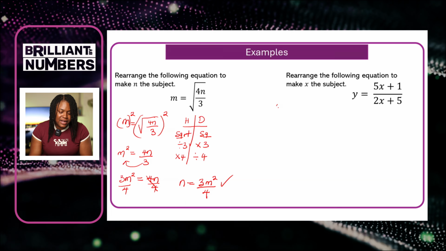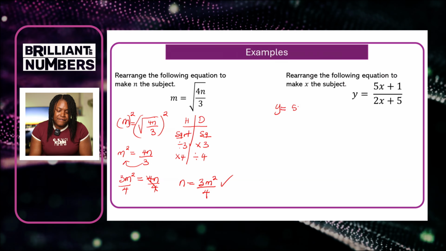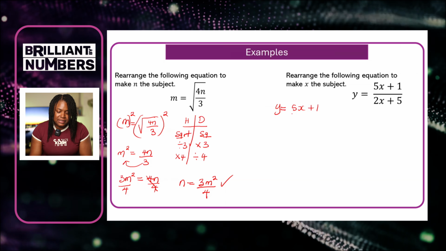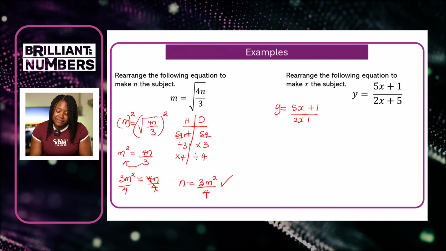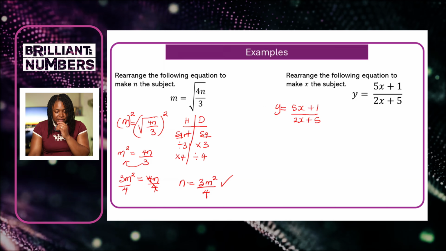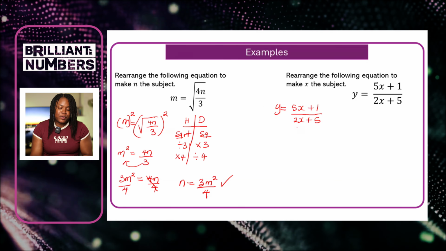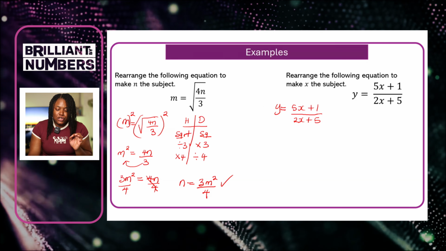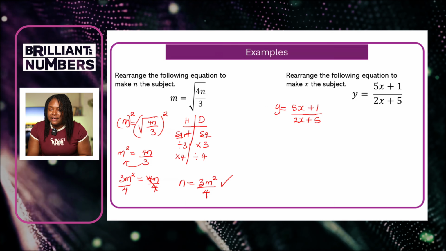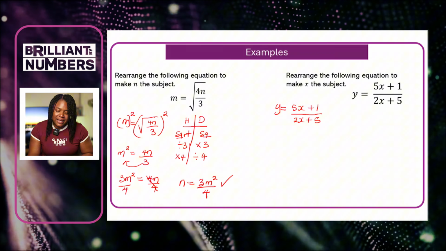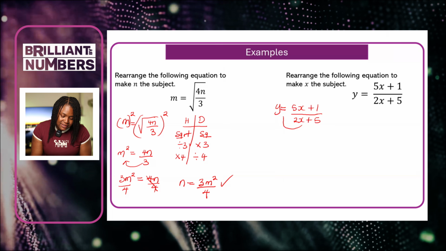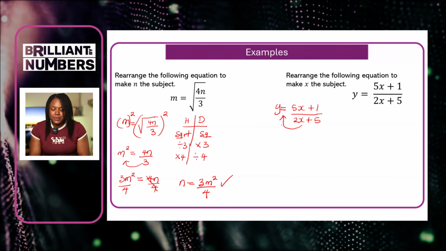So let's go. Rewriting y equal to 5x add 1 divided by 2x add 5. First of all, we can see here we are dividing by 2x add 5, so we need to multiply by that. I'm just going to bring that to the other side as a multiplication.